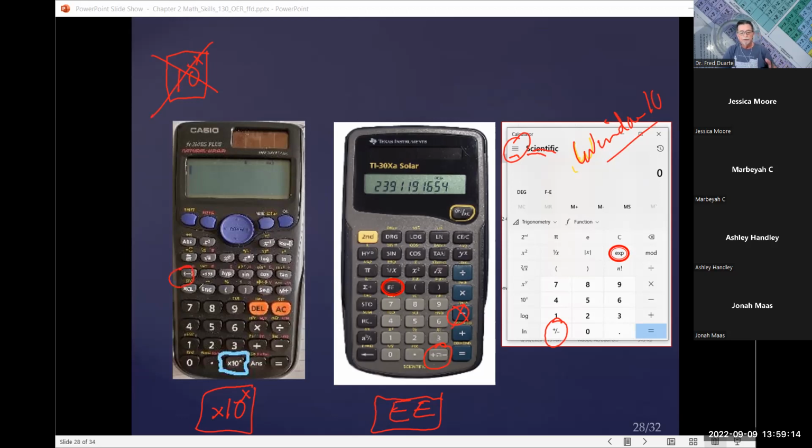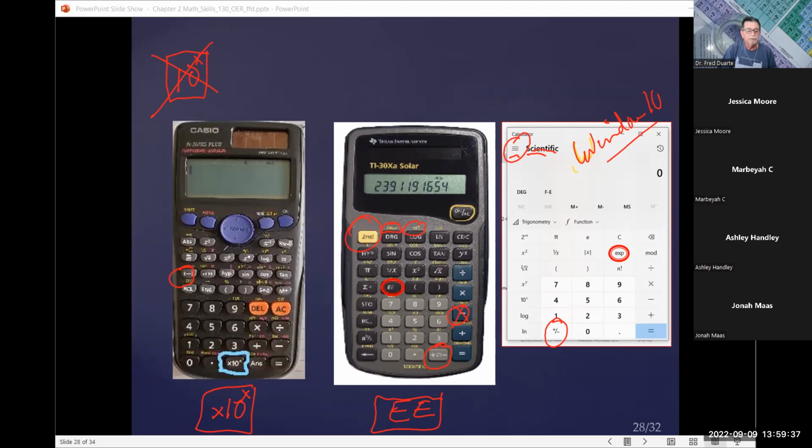Now, for all three of these example calculators, the scientific notation button is a primary button. Check your calculator. It could be a secondary button, written in lighter color, but you have to use the second function button.